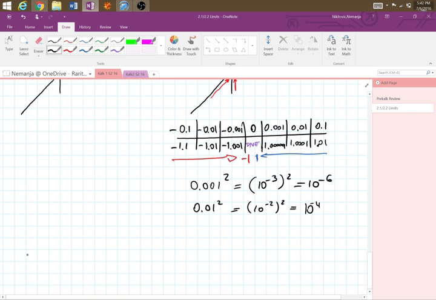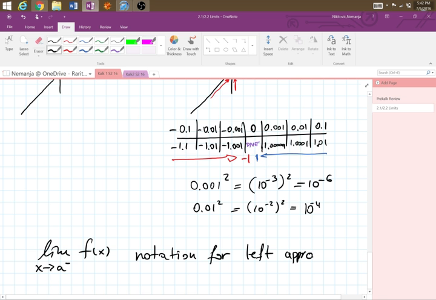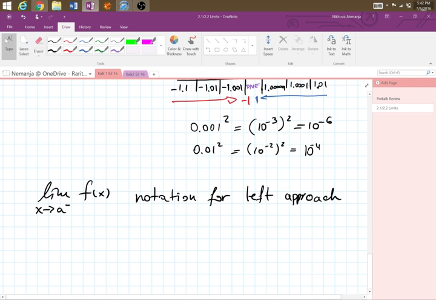So let's first say that limit of f of x as x approaches a minus is a notation for left approach. And then just do the same thing for a plus.